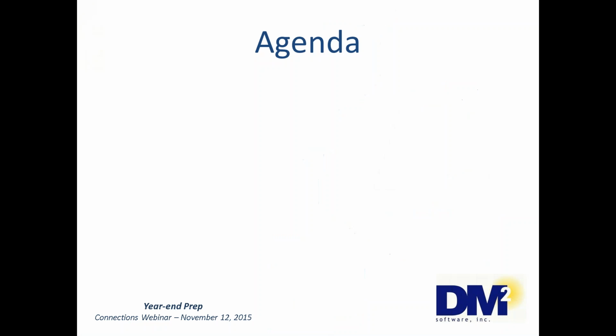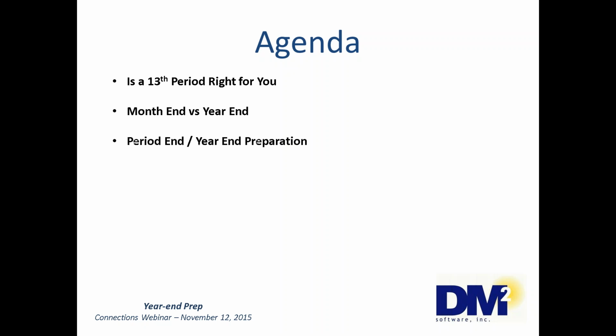So let's go ahead and get started and just review at a very high level what we are going to be talking about today. The first thing is 13th period, talking specifically that Sage 100 allows you to have 13 periods, why you might want to use it, and giving some more insight as to how it affects motor fuel taxes. Month-end versus year-end, so we'll do a little bit of a dive into that subject.